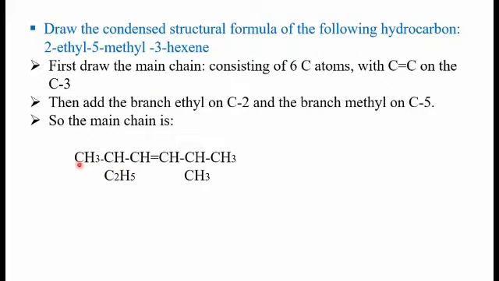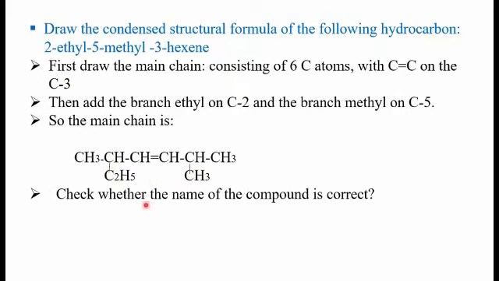If we number from here or from there it is the same, because the double covalent bond is in the middle of the chain. After that we have ethyl on the second carbon atom and methyl on the fifth carbon atom.